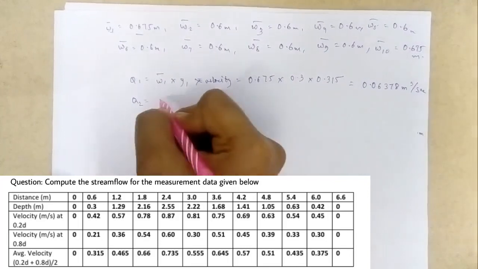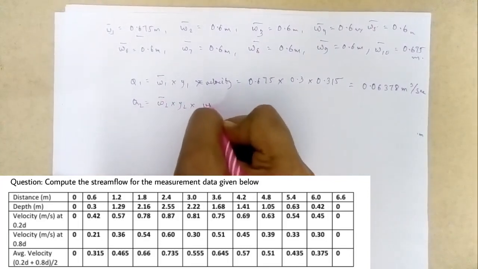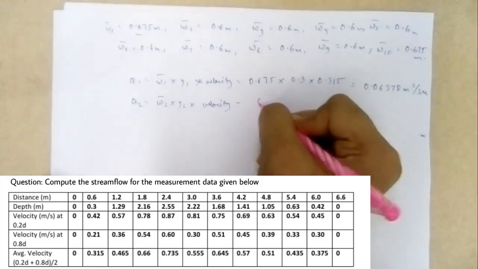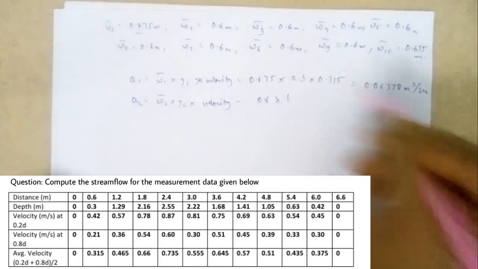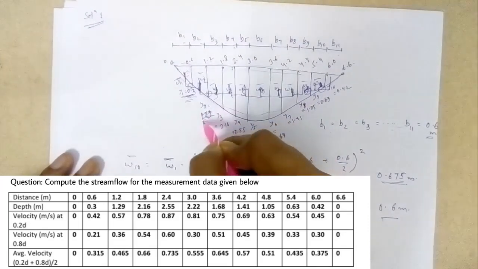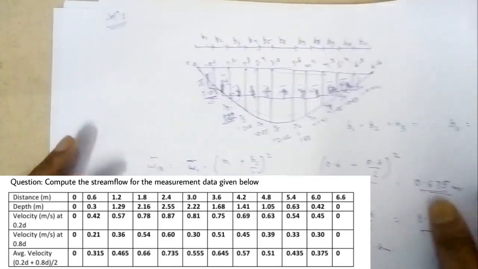Similarly Q2 will be W2 bar multiplied by Y2 multiplied by the velocity, and it is equal to 0.6 multiplied by 1.29. Y2 was 1.29, you can see it, also it is given in the question.